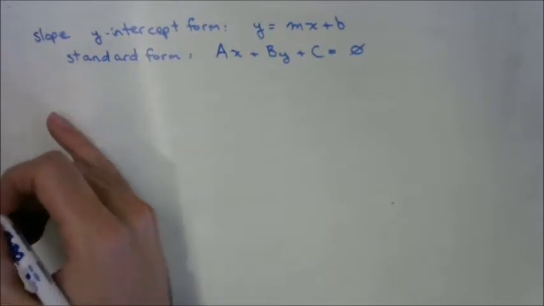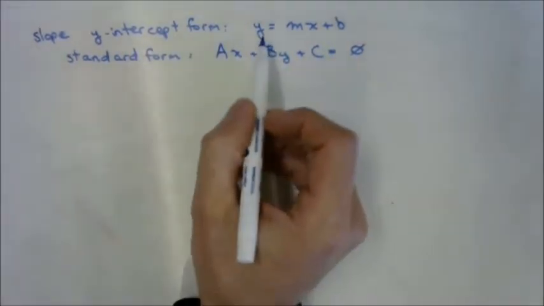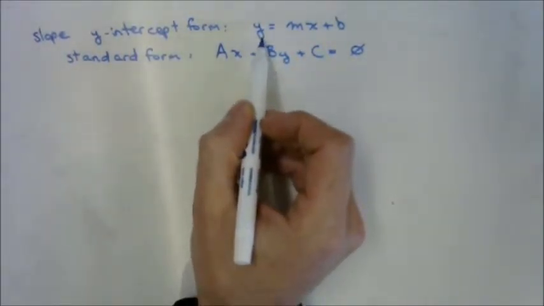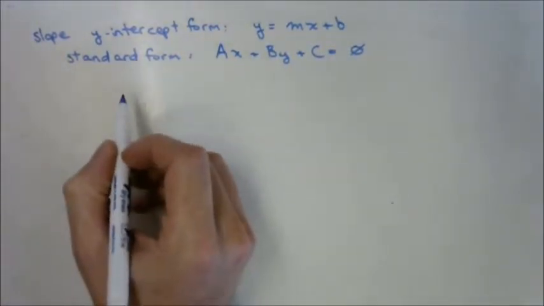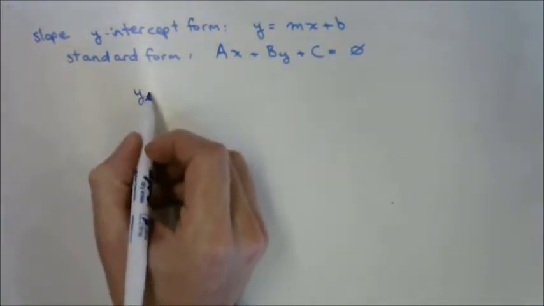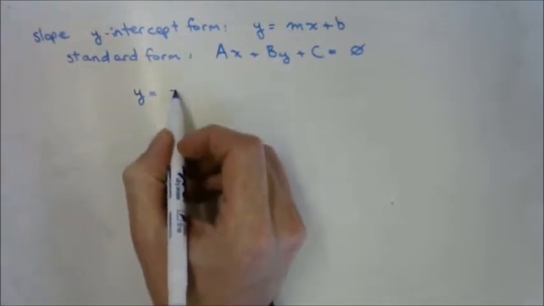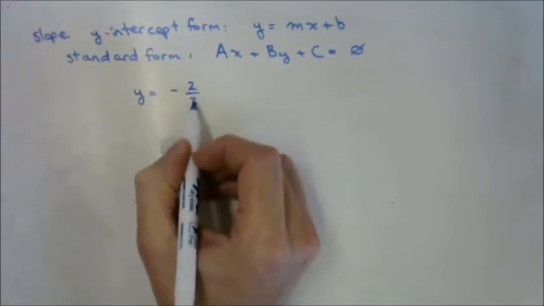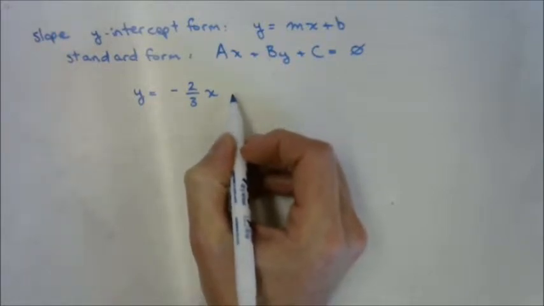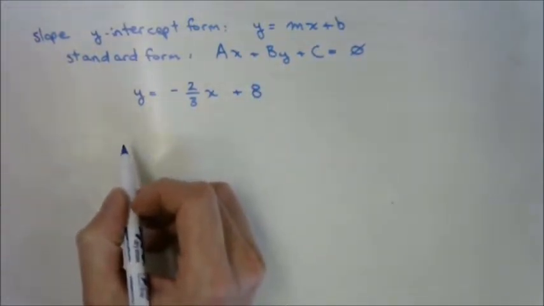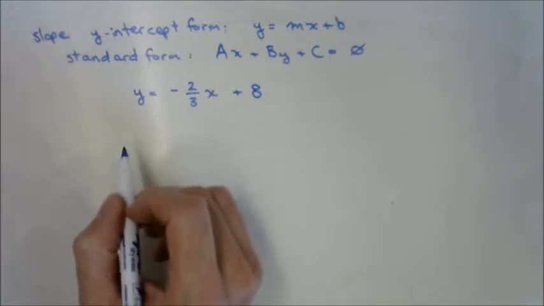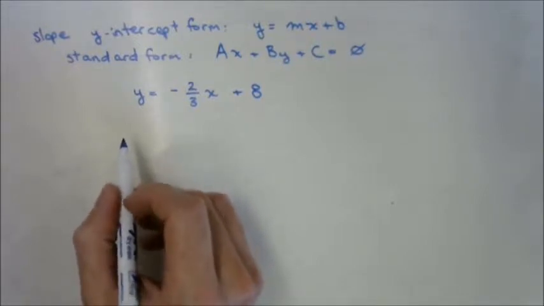Okay, I'm going to give you two examples. I'm going to give you an example of a line in slope y-intercept form and an example of a line in standard form. So here in slope y-intercept form, jot down this line: y equals negative 2 over 3 times x plus 8. Now I'm not going to show the math, but we can rewrite this in standard form.